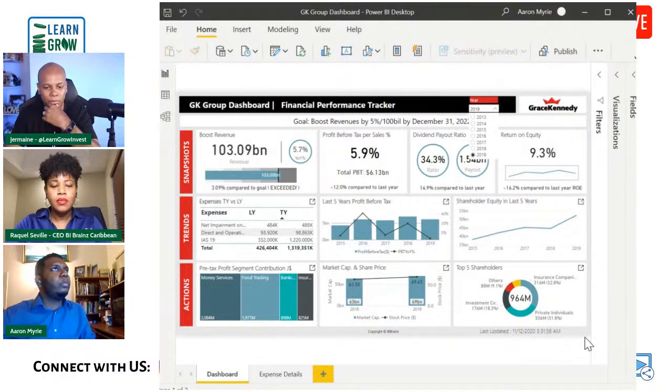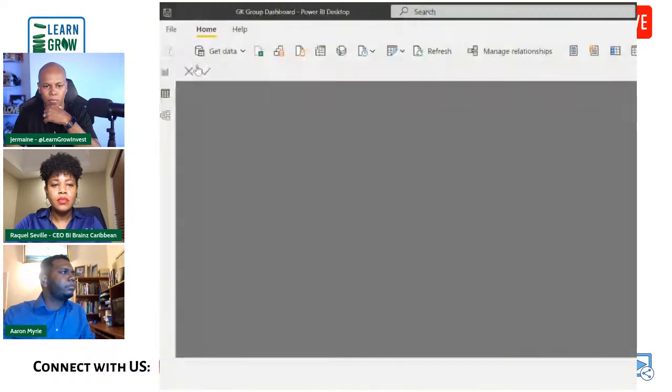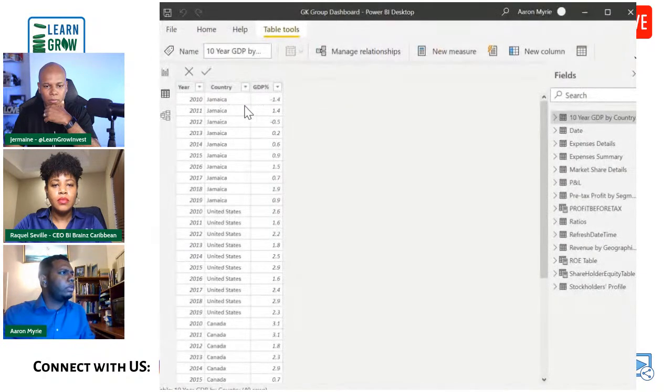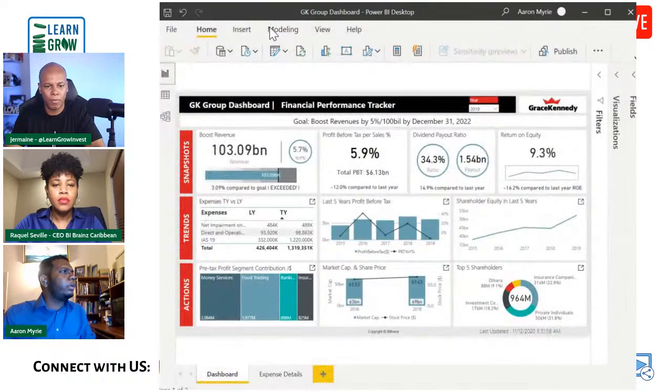Okay, so we were thinking of giving the source data, the Excel files that we worked with. And another option is that you can create your own Excel files and follow the same model that we have for each table, and then import them and then append them in the Power Query.